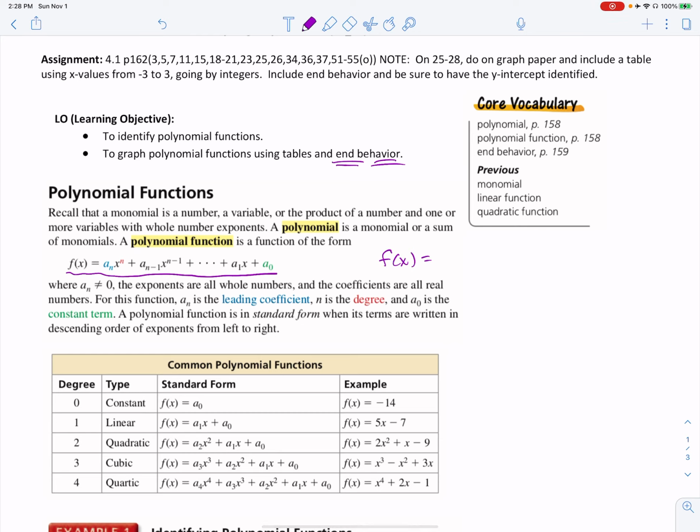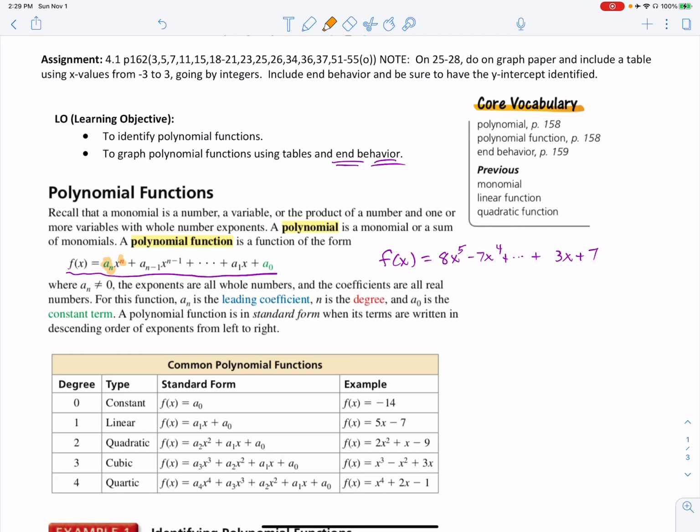Say we have f of x is 8x to the 5th minus 7x to the 4th plus some stuff in the middle, and then say we have 3x and then plus 7. This a sub n, and the exponent, the subscript on the a is just used for the coefficient.